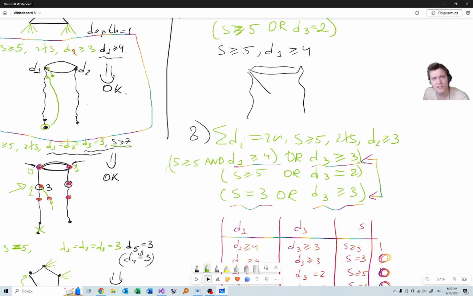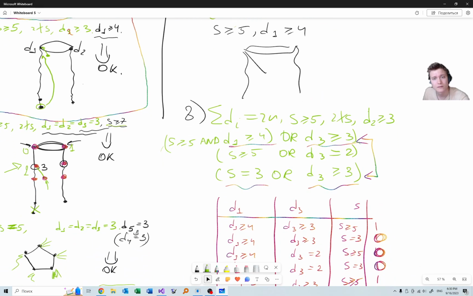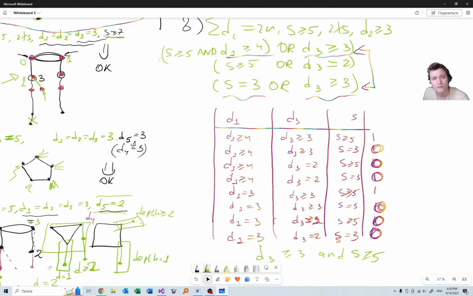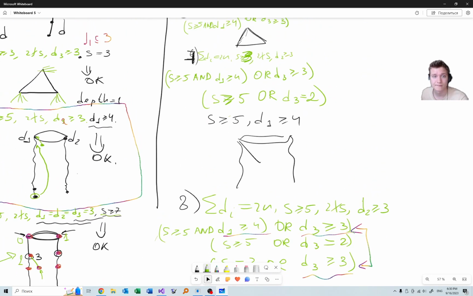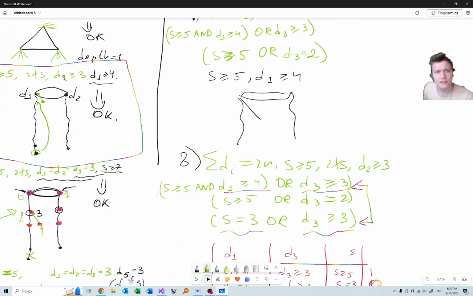But then we have this case, I think. Don't we? Oh. Yeah, I actually missed it. I wrote it incorrectly. So it shouldn't be d3 is at least 3 here.